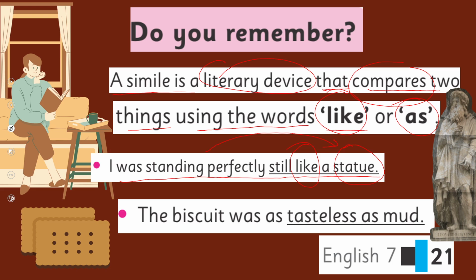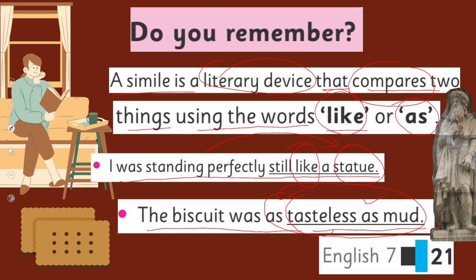Another example is the biscuit was as tasteless as mud. Now the word as is used to compare two things, as tasteless as mud, and as will be coming before this and after. It will come two times.